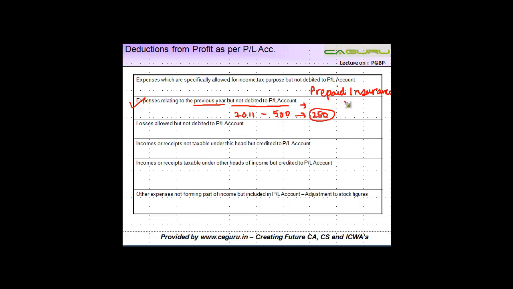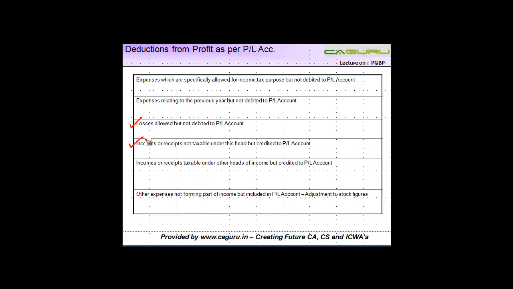Let's say you did not charge this 250 during the current year in your profit and loss account. Then this 250 has to be reduced from the current year's profit to arrive at the net profit. Right? The third one, losses allowed but not debited to the profit and loss account. Again, it's something similar. Something was to be charged to the profit and loss account, but you did not charge it. Hence, you now have to reduce your profit by that number.